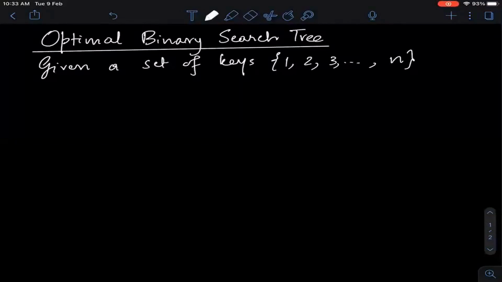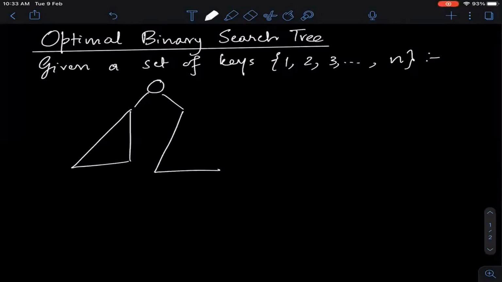Right. So then what is a binary search tree? Well, it's a binary tree which is designed in a very special way. It looks something like that. Let's say at the root, I have an element X. This has the property that all the elements on the left subtree have key values either less or equal to X. Well, in this case, it's less than X because I'm assuming everything is distinct.